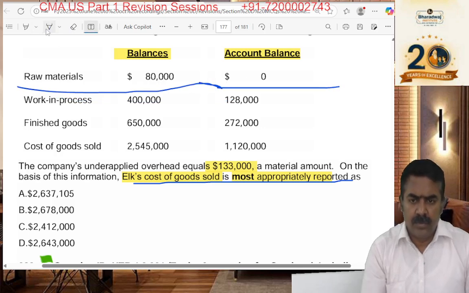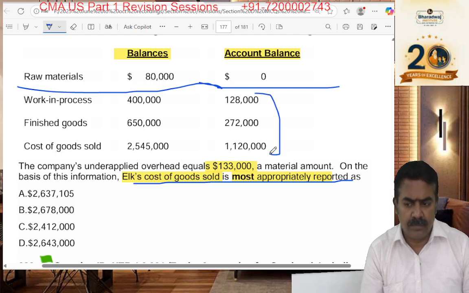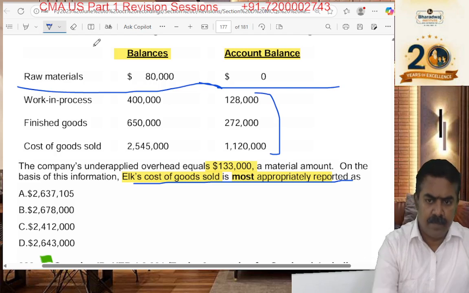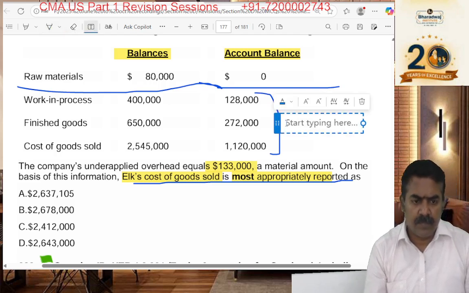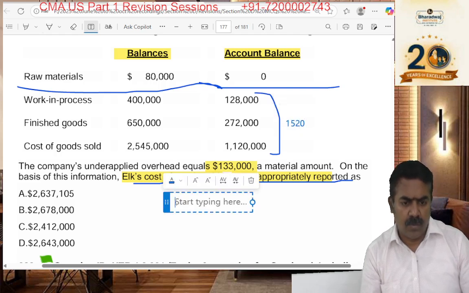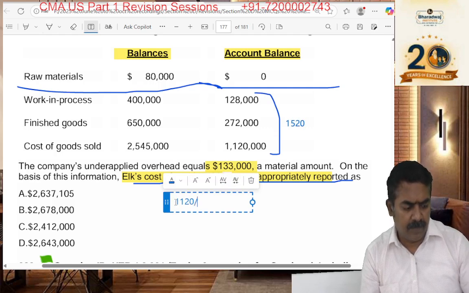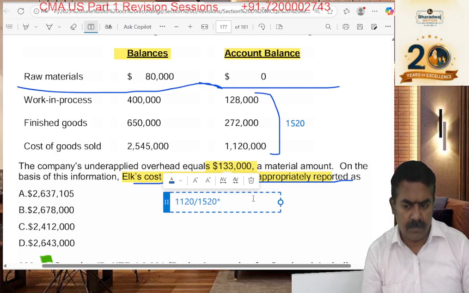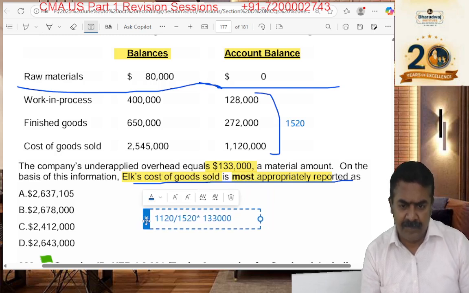Think. What is the total? 1,512. 1120 divided by 1520, into 1,33,000 proportionately, plus cost of goods.